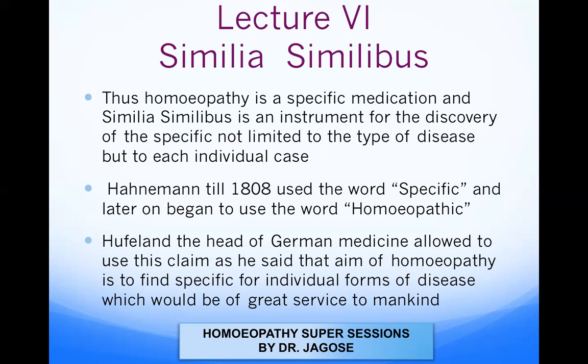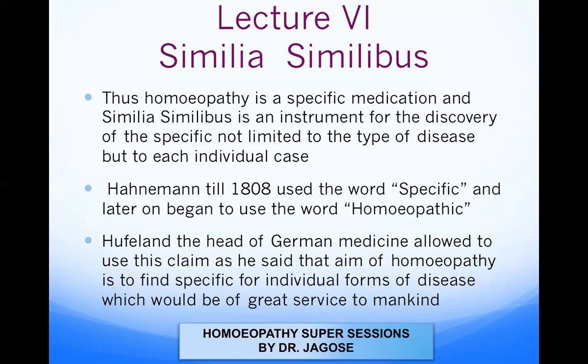Hahnemann till 1808 used the word specific and later on began to use the word homeopathy. Hufeland, the head of German medicine, allowed this claim as he said the aim of homeopathy is to find specifics for individual forms of disease, which should be of great service to mankind. As you all know, Hufeland was a German allopathic physician and he had his own journal in which many articles were given.